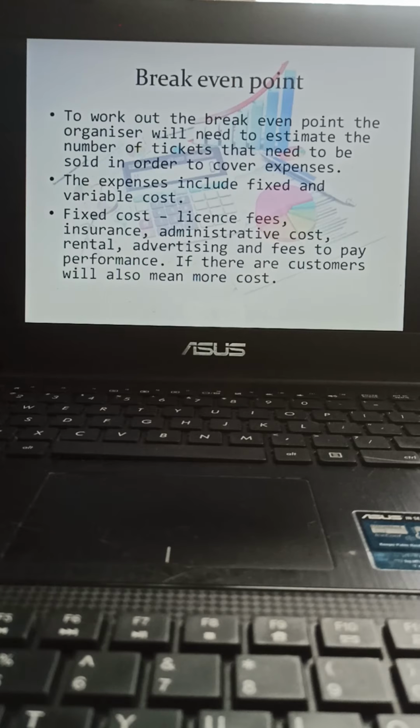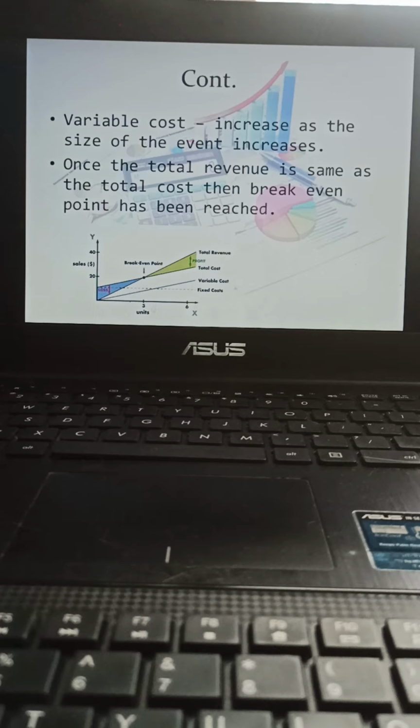Break-even point is when basically all your costs and your returns are about the same. I think this one you can learn in economics.